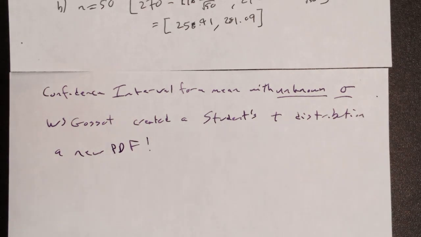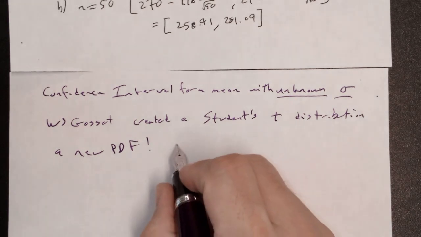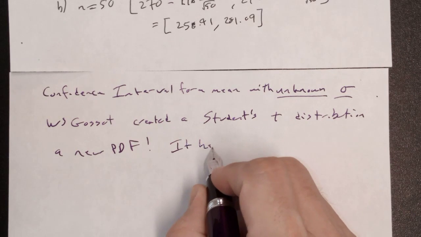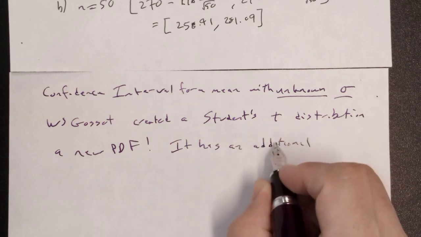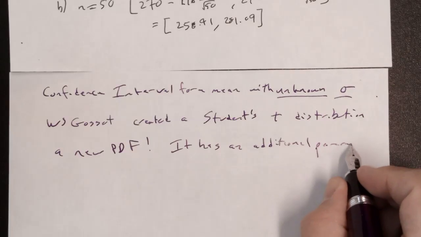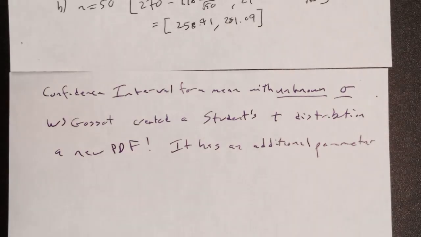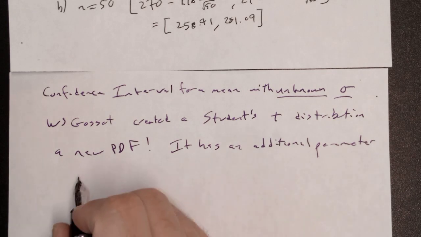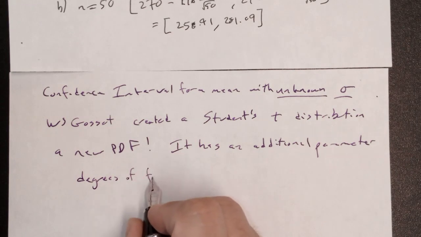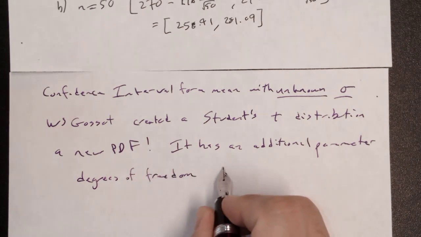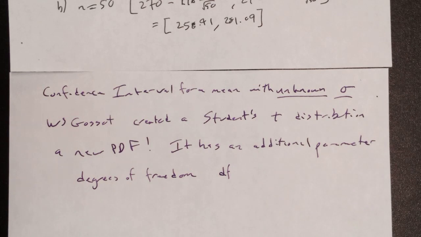And it has an additional parameter, which Gossett called degrees of freedom, abbreviated DF.